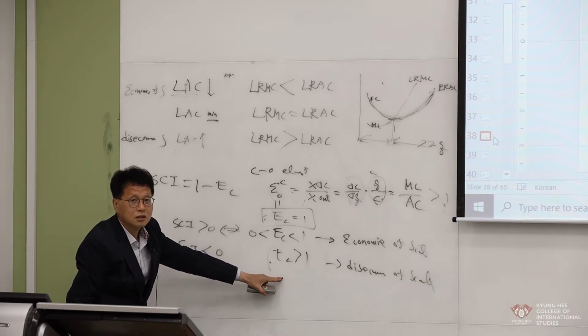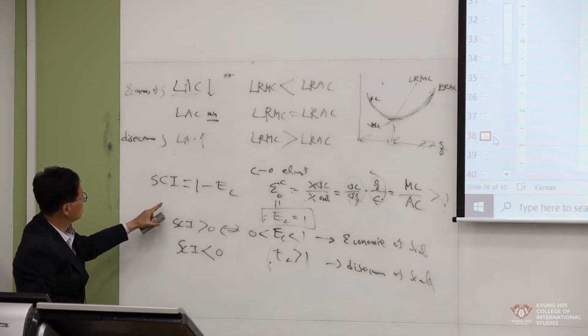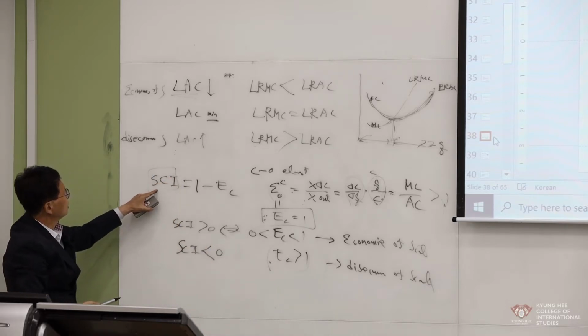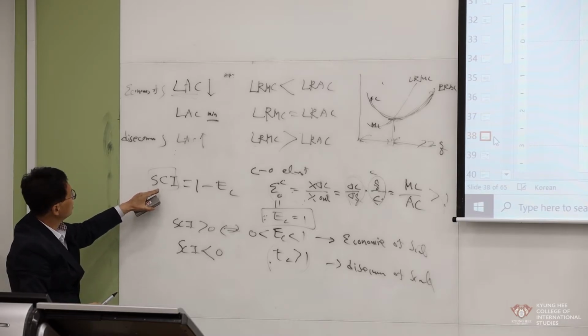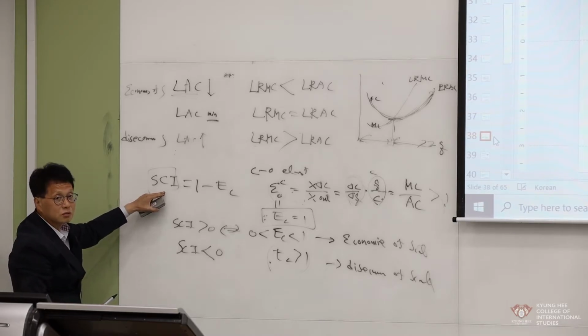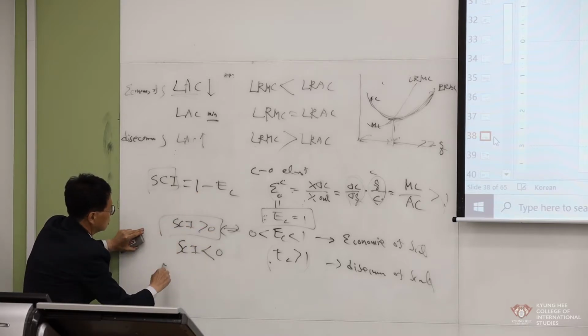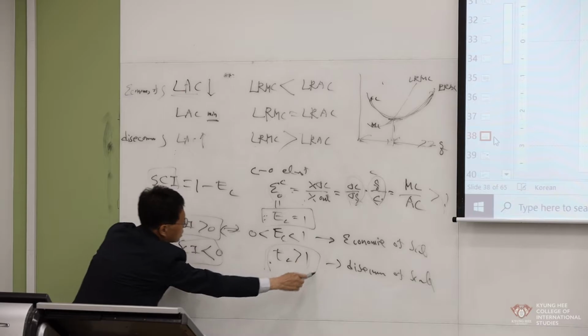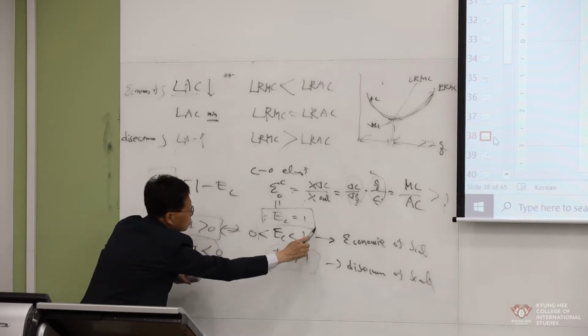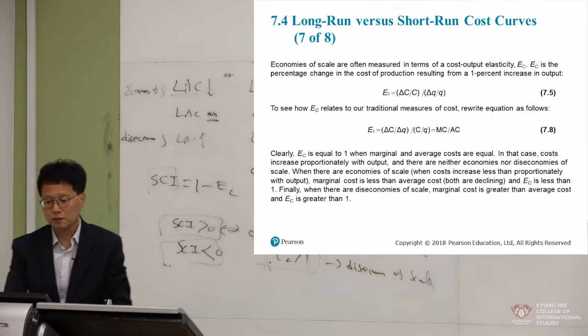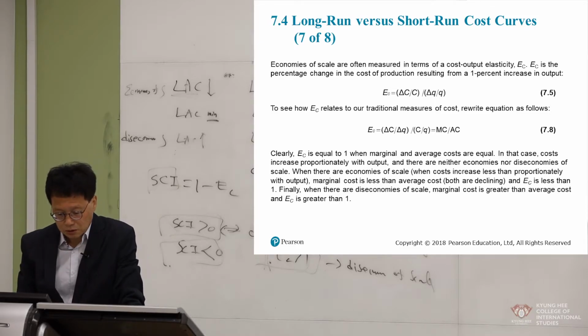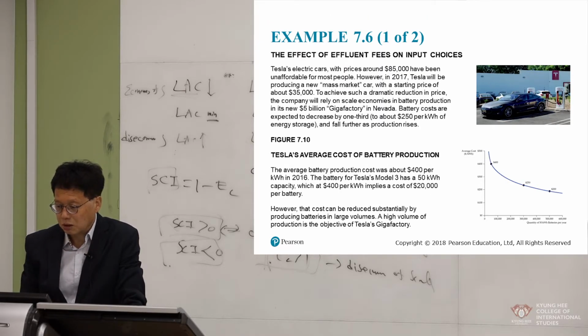These three cases. Also, I introduce the scale economies index, 1 minus EC. Okay? I'd like to stop here for 1 minute and we go to the example.